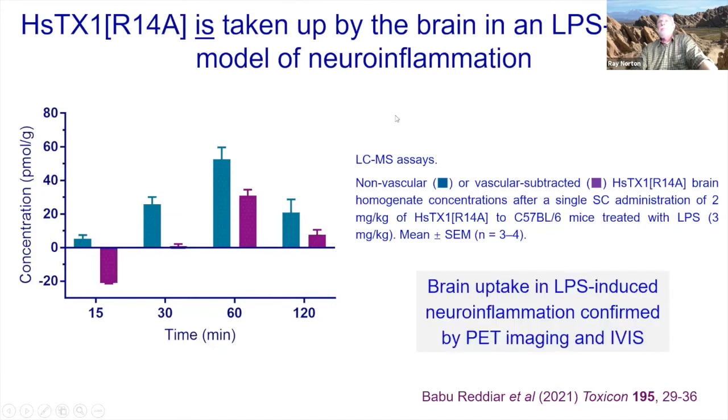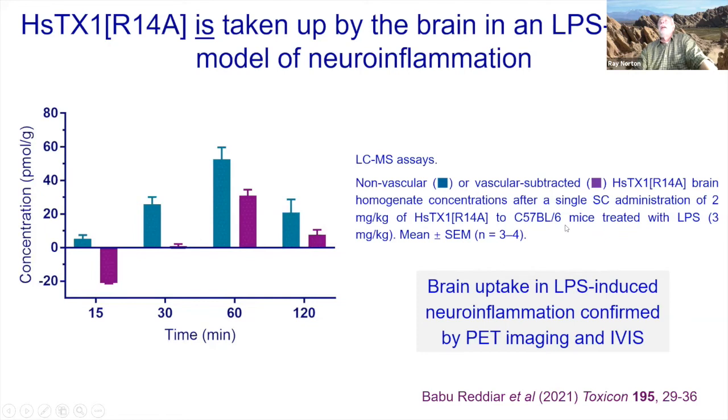And we've also now verified that with PET imaging and the in vivo fluorescence imaging system, that in this model, which is admittedly a crude model of neuroinflammatory conditions like Alzheimer's and Parkinson's, it's clear that our peptide can get into the brain. Now, the extent of blood-brain barrier disruption in this model is probably greater than in Alzheimer's or Parkinson's, certainly in the early stages of those diseases.